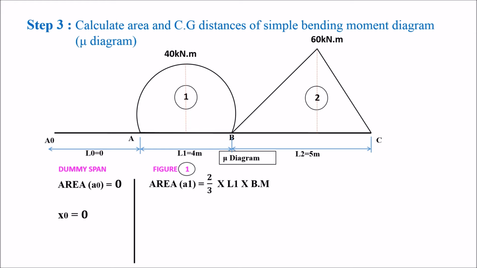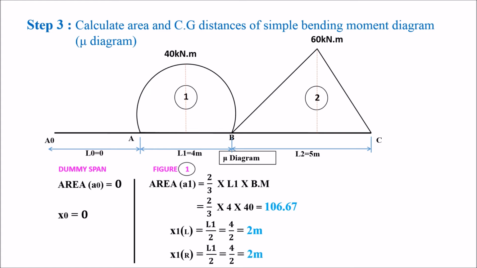Area A1 equals 2/3 into L1 into bending moment, 2/3 into 4 into 40, that's equal to 106.67. x1 bar from the left hand side equals L1 upon 2 equals 4 by 2, that's equal to 2 meter, and x bar from the right hand side equals L1 upon 2, that's 4 upon 2 equal to 2 meter.